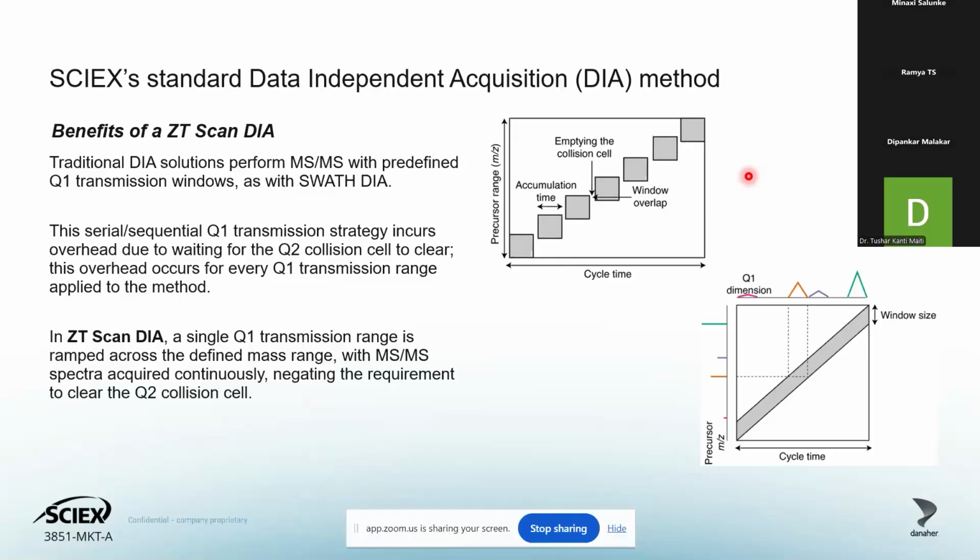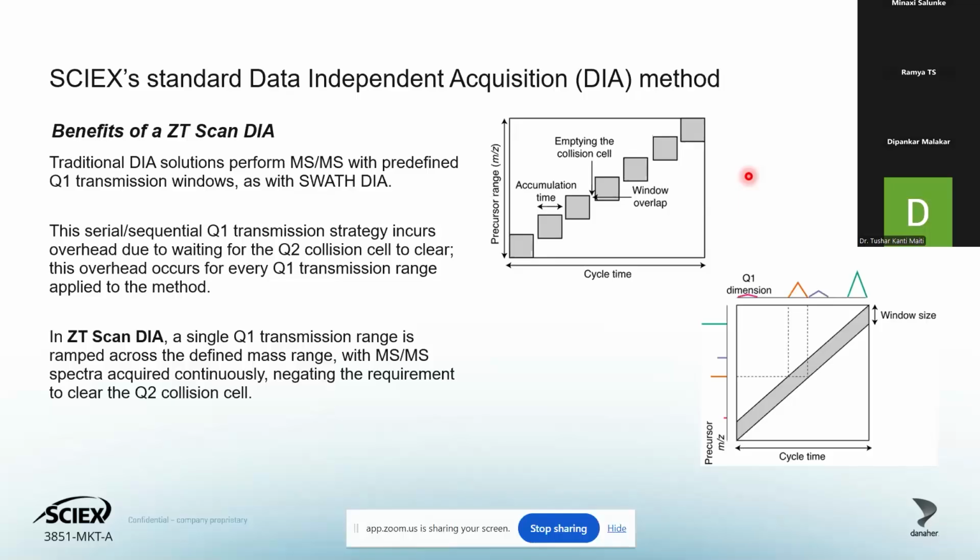This overhead occurs every time a mass range is transmitted. Therefore, the more selectivity or mass ranges that are applied to the DIA acquisition, the higher this overhead cost. That means a lot of extra time is required to perform the sequential MSMS acquisition.